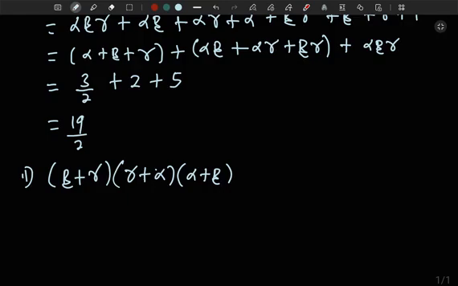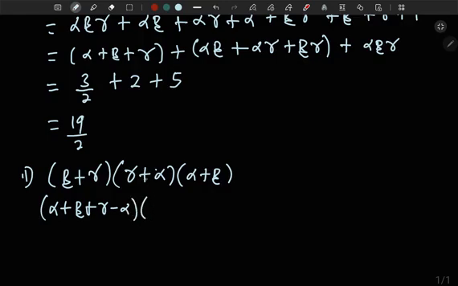If you look at the brackets, each bracket has two roots, beta gamma, gamma alpha, alpha beta. So which means that one root is missing in each bracket. So let's just introduce our missing roots there. For the first one, there's no alpha here, so we can just introduce alpha, then beta, then we subtract the alpha that we introduced.